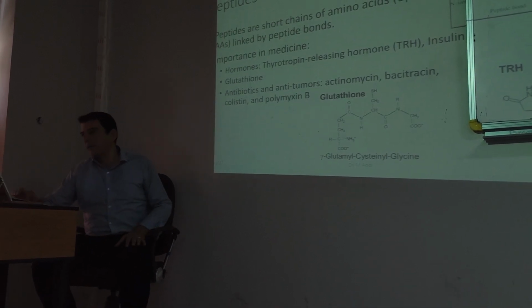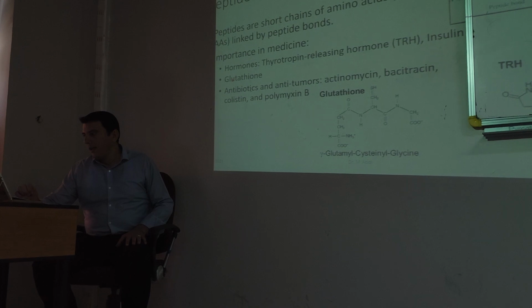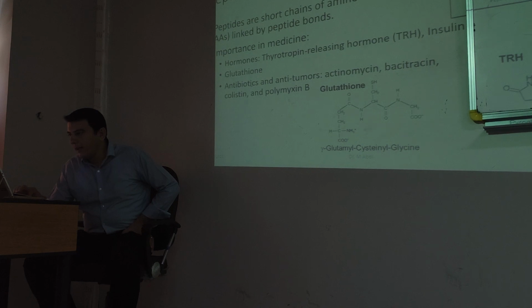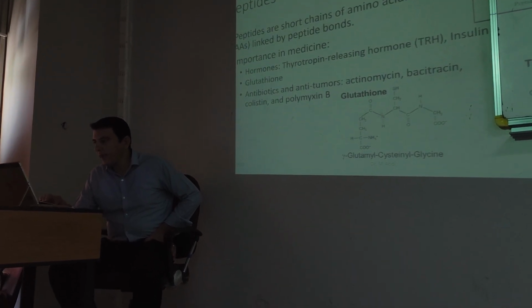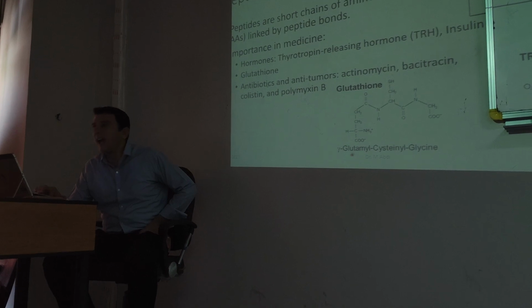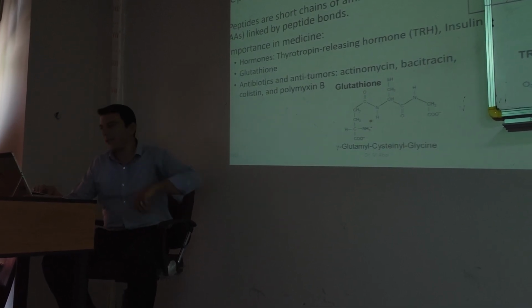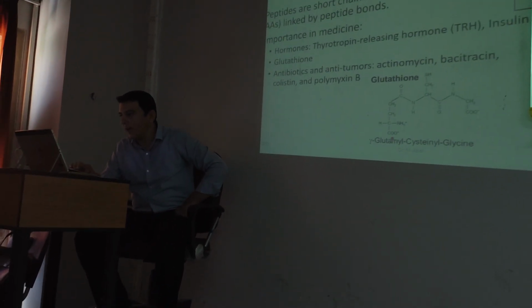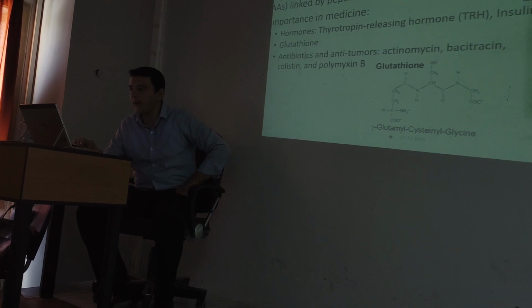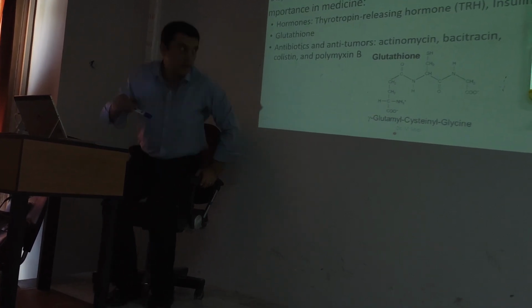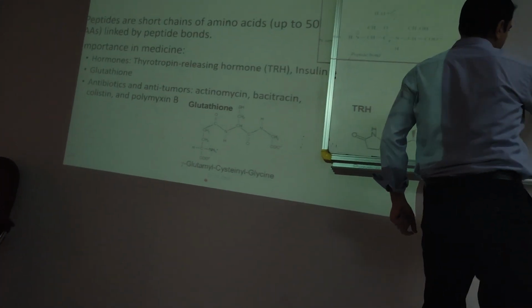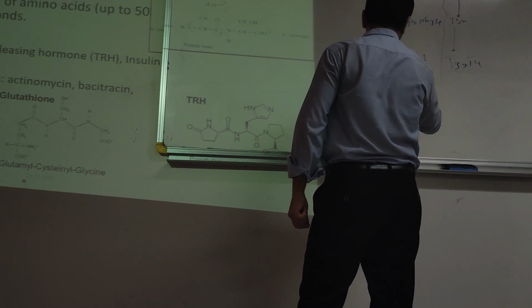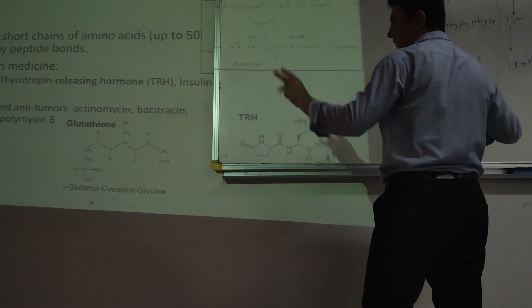Okay, this molecule, glutathione, as you can see here, and please write, is produced from 3 amino acids.